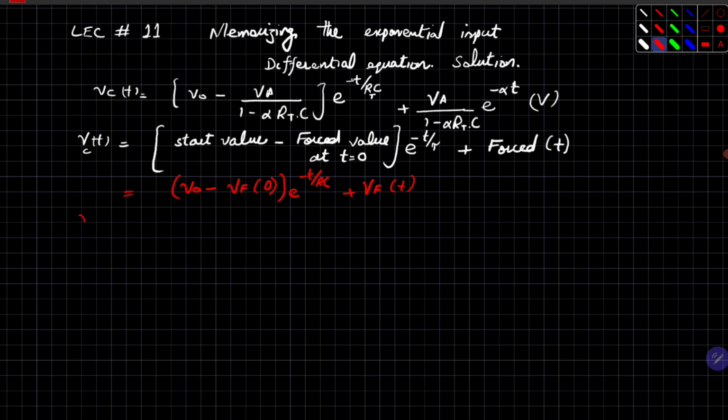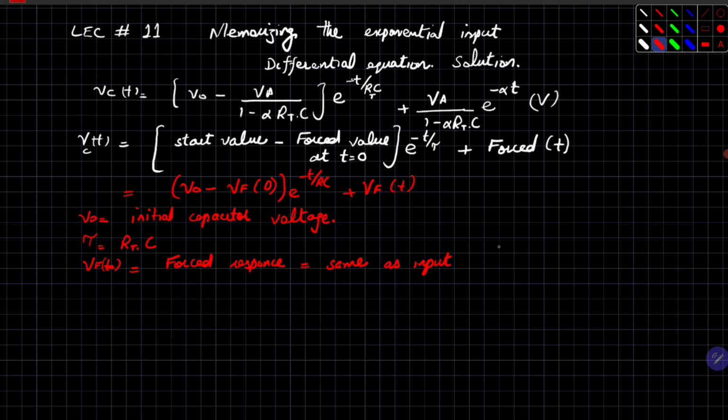What is V naught here? V naught, you already know, is the initial capacitor voltage, and tau is R Thevenin times C. And what is Vf? This is a thing that you should know or memorize: Vf of t is the forced response when the input is exponential, and of course that will be the same as the input.